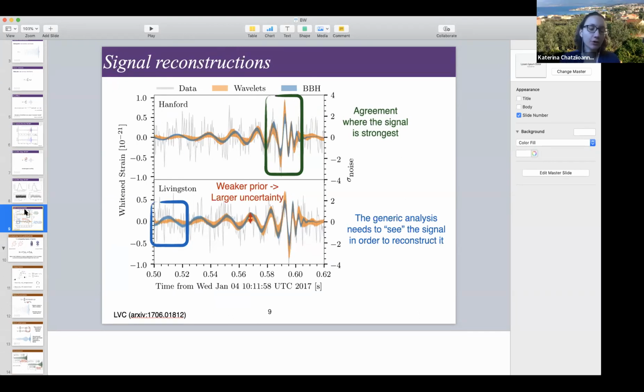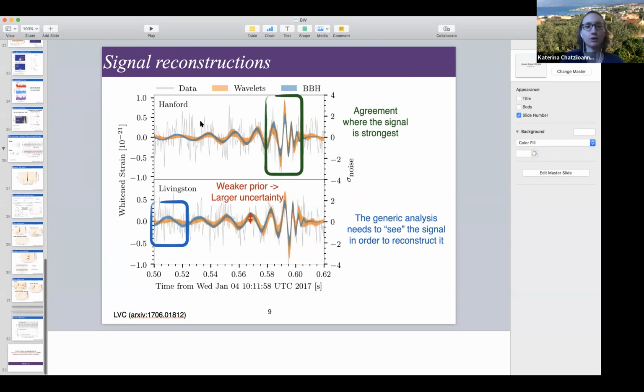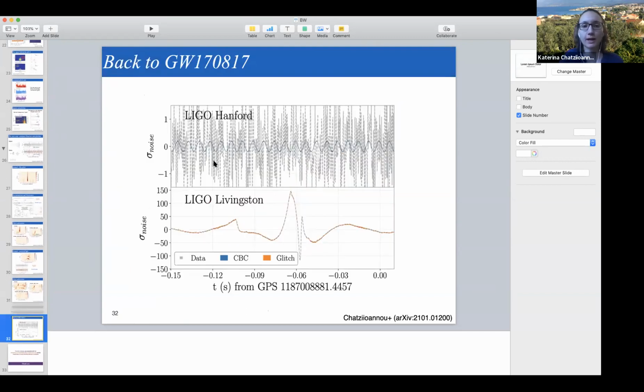Right. So if you have something like 170817, this is a plot of 170817 that, look at the top in Hanford. It's constant, like 0.1 sigma away from the noise, right? In this case, you can barely extract it with this method. You need things that are on top of the noise with this method. So something like 170817, you can maybe extract less than 50% of the signal to noise ratio, I'd have to go back and check.